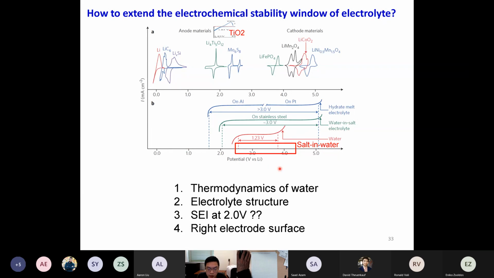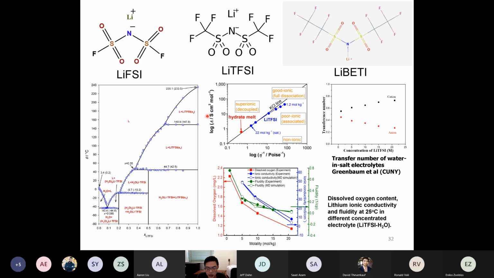Okay, thank you, Jeff. So we will continue with this water-in-salt electrolyte first, and talk about the halogen intercalation cathode later. So last time we mentioned this water-in-salt electrolyte is, in terms of conductivity, acceptable compared to the organic systems.